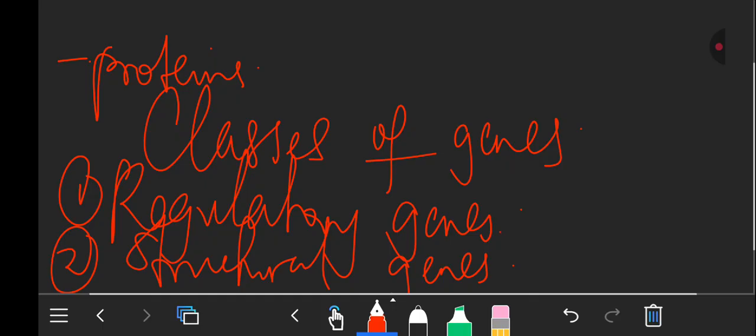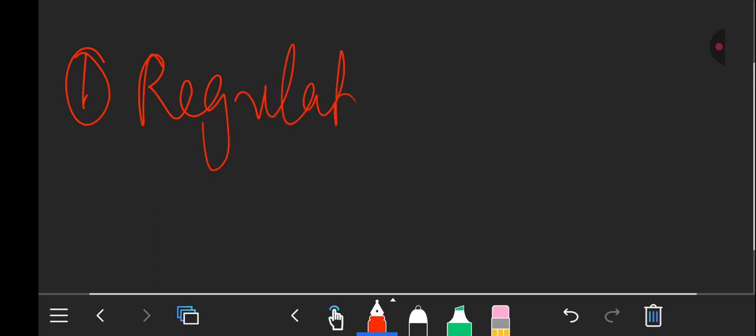So we need to understand that the regulatory genes are the genes which are involved in regulation. They are genes which are involved in controlling. Let's try to talk about each class of gene. Let's start with regulatory genes. These are the genes which are involved in regulation of the production of proteins.